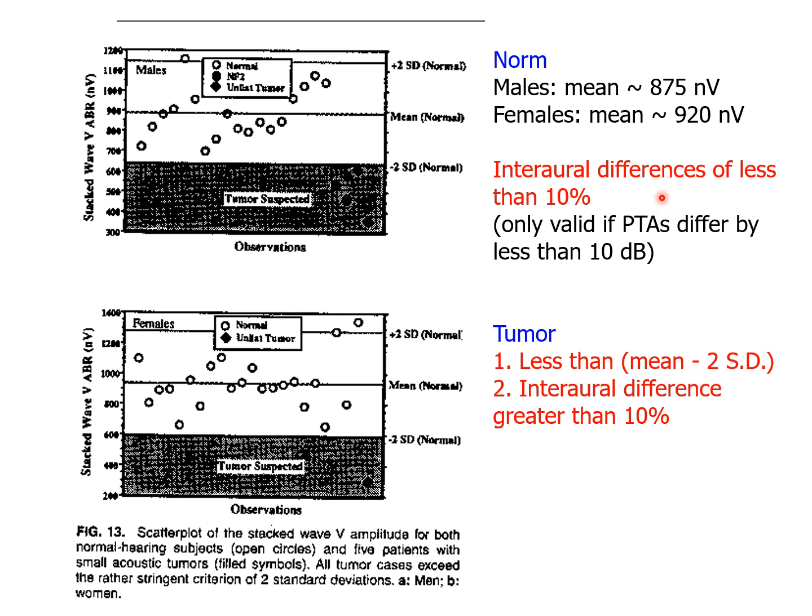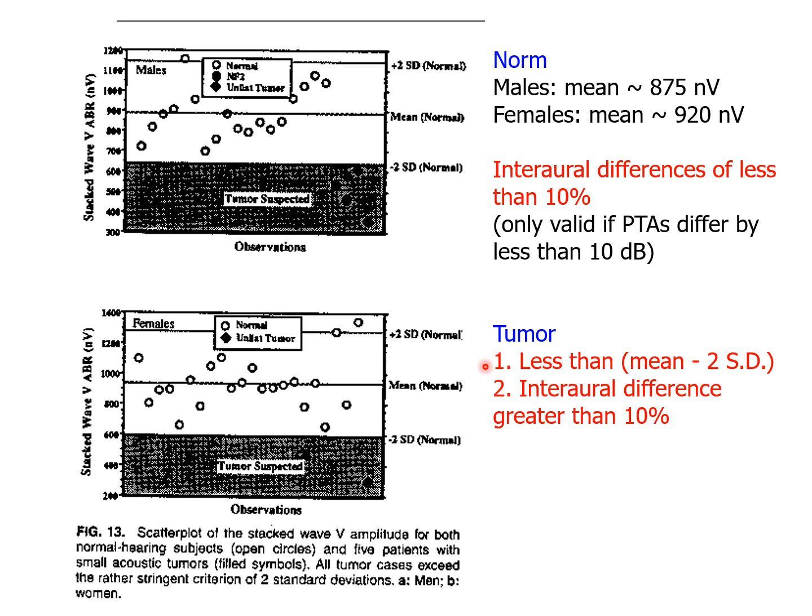So as long as the PTAs do not differ more than 10 dB, the interaural differences of the stacked ABR wave 5 amplitude should be less than 10% for people with no tumor. On the other hand, for patients with tumors, there are two red flags in terms of stacked ABR wave 5.